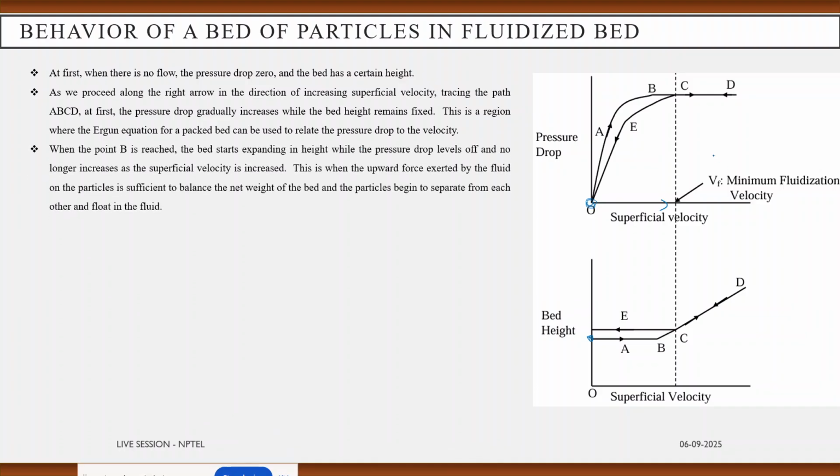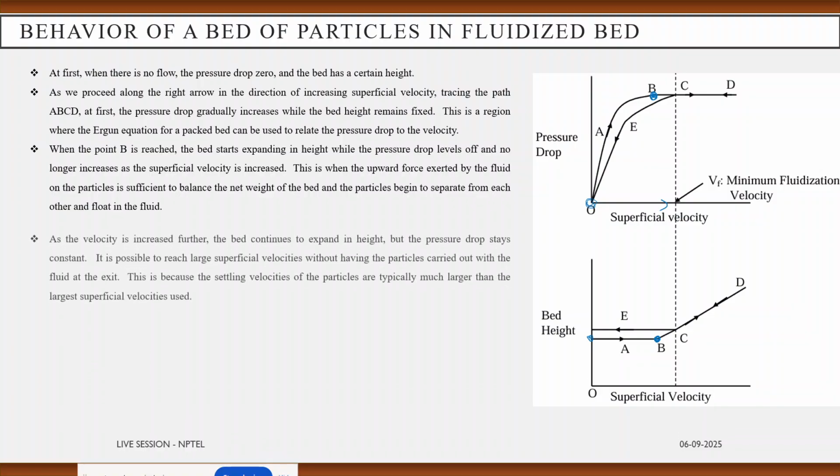When point B is reached, the bed starts expanding in height while the pressure drop levels off and no longer increases with the increase in superficial velocity. At that point, the upward force exerted by the fluid on the particles is sufficient to balance the net weight of the bed, and the particles begin to separate from each other and float in the fluid.